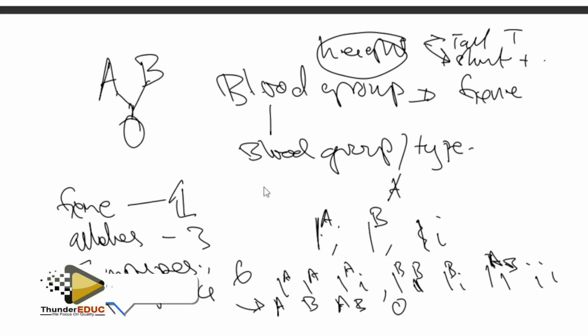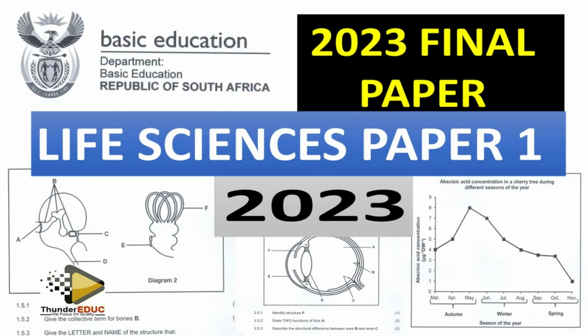It means that once you find that question, for you to cross, because they are saying they produce a kid of blood group O, O is small i, small i.